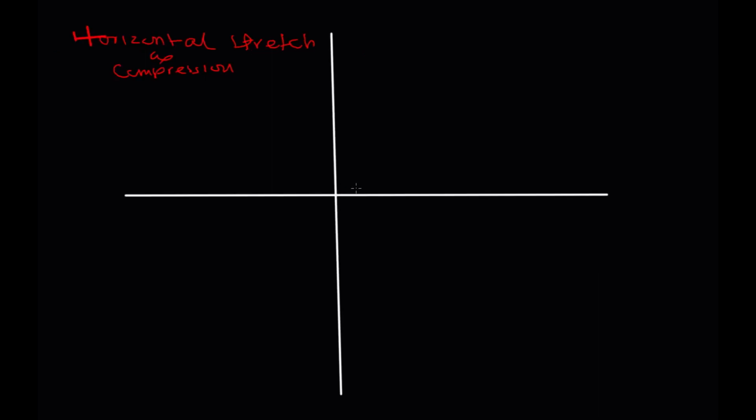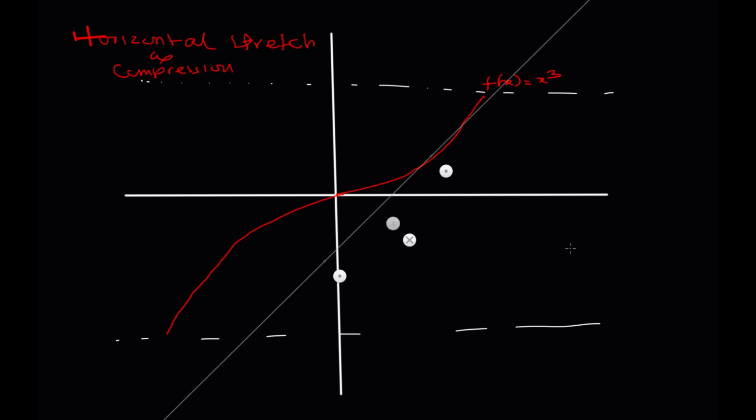Horizontal stretch and compression. So if I had my parent function like this, then it came like that. So you remember that this is f of x is equal to x cubed, right? What happens here is that we are doing this horizontally, so we need to maintain our range here.